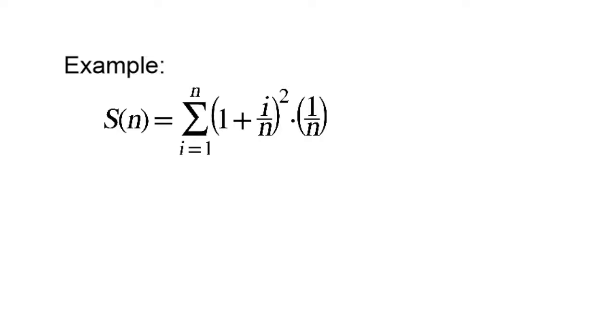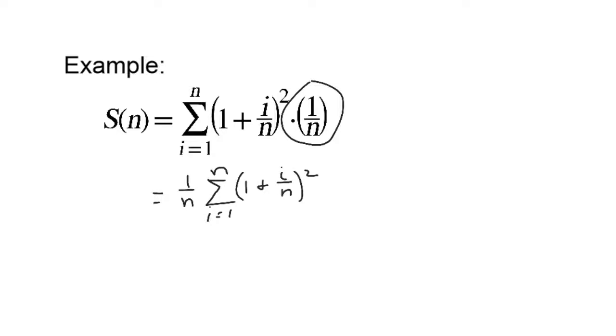So the first thing I'm going to do is recognize that this term right here is a constant, so I'm going to bring that out. This equals 1 over n times the sum from i equals 1 to n of (1 plus i over n) squared.